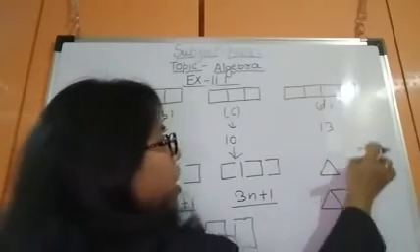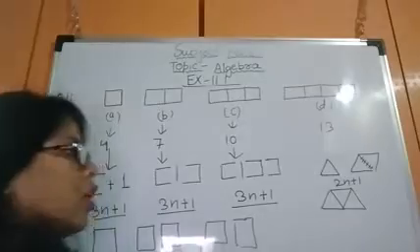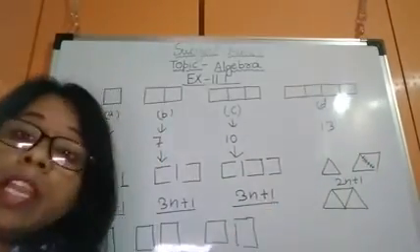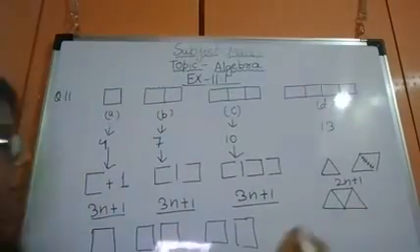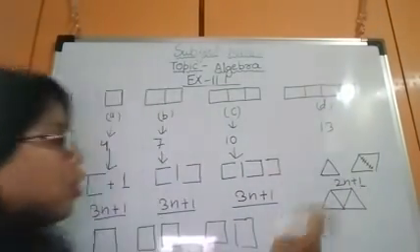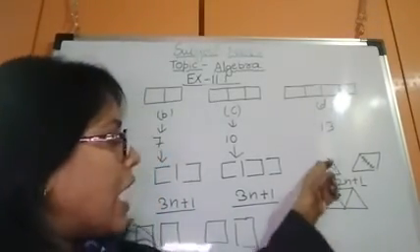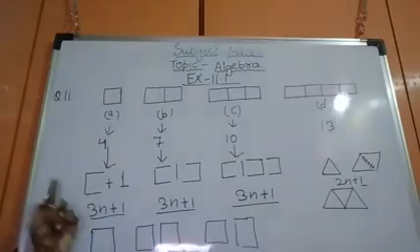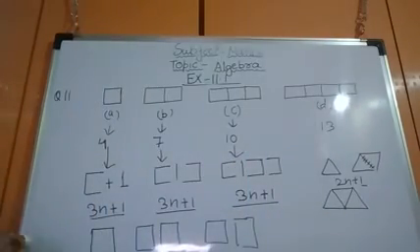So we will take 2n and write the rule 2n plus 1. We will not write 3n because one side is common, so 1 we separate. Now count how many remaining sides there are: here 2 sides remain. That is why 2n plus 1.